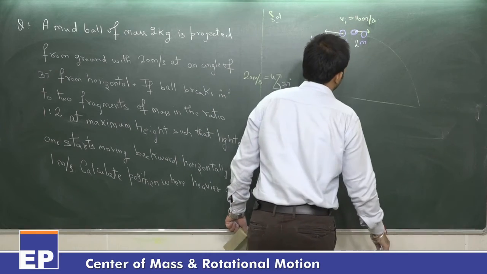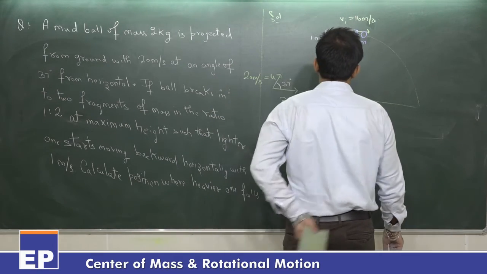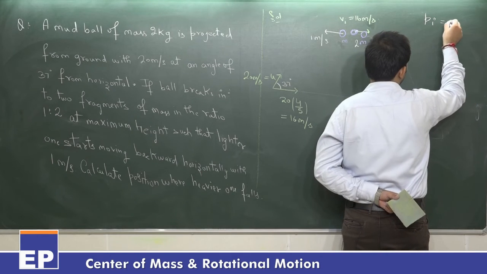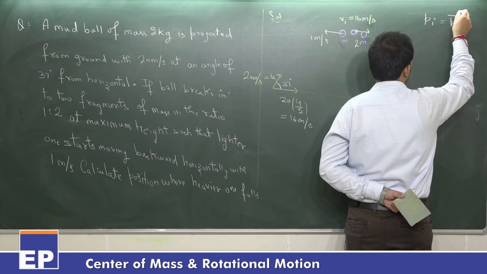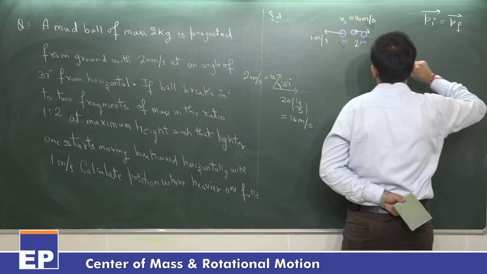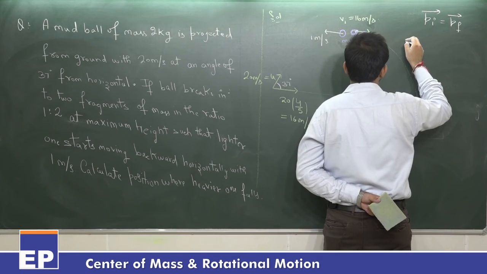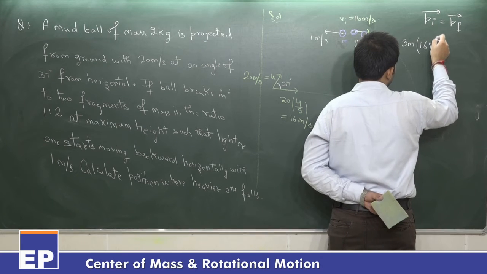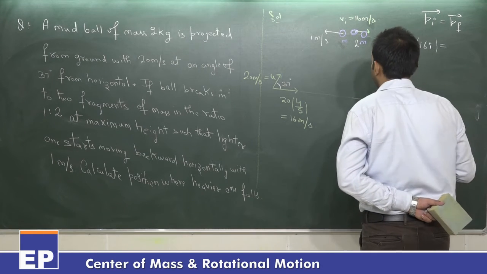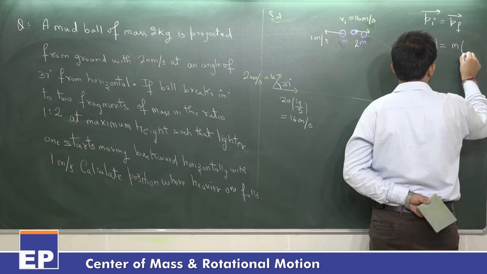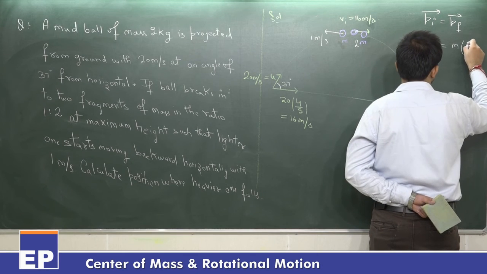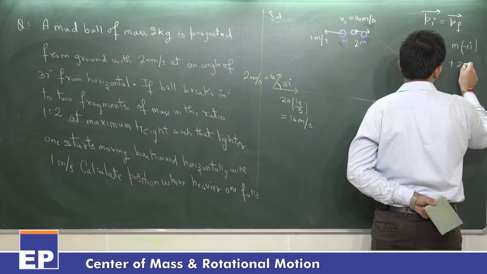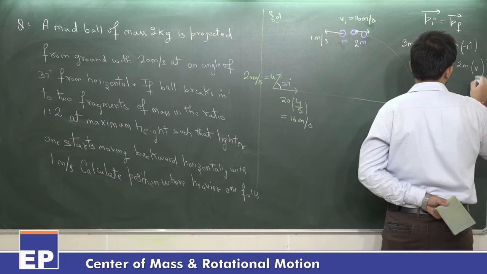Right. So now find the velocity of 2m. What is the velocity of 2m? By conservation of momentum, momentum is conserved there also. Initially momentum is in the horizontal direction. Total mass is 3m, 3m into v, v is 16 i cap. And what is final momentum? m is moving in backward direction, m into 1 minus i cap, plus 2m, whose velocity we do not know, in this direction, v vector.